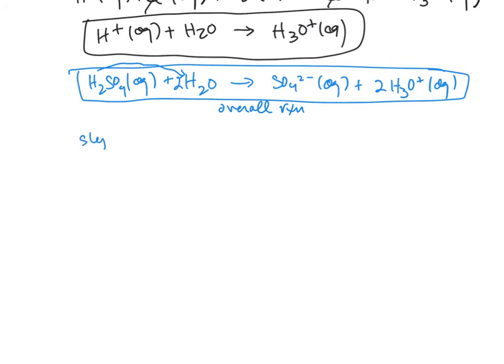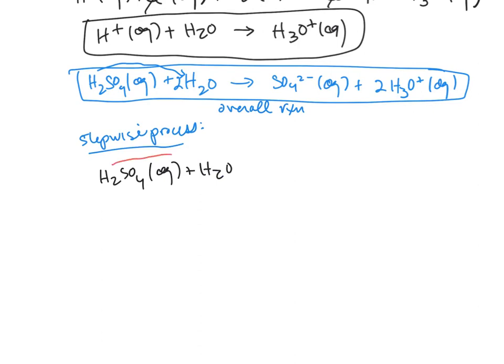Here we want to write out the stepwise process. So start with H2SO4 aqueous plus water. And stepwise means it's going to be one proton at a time coming over here.